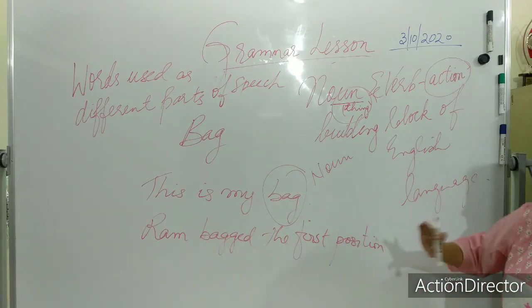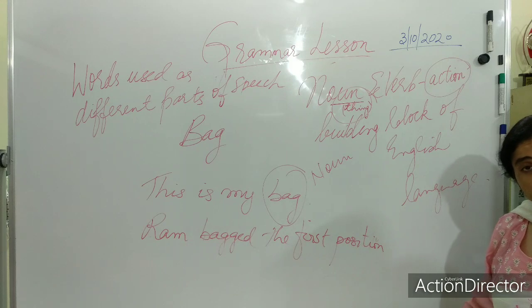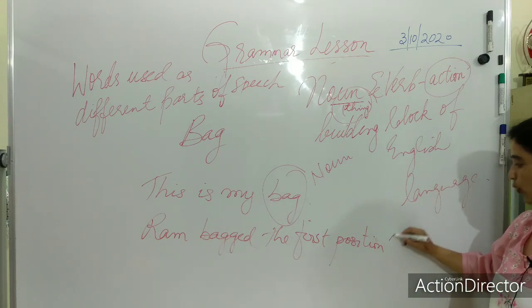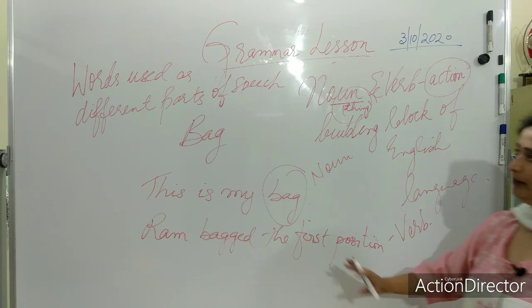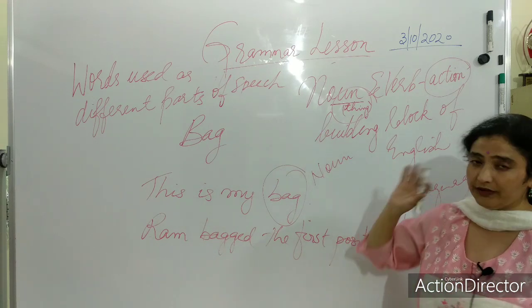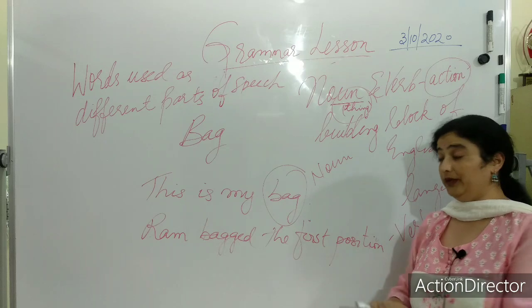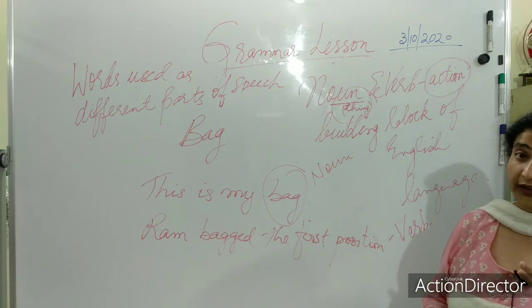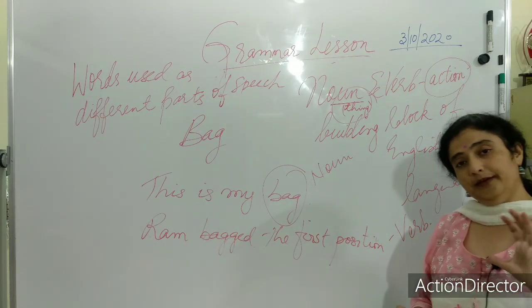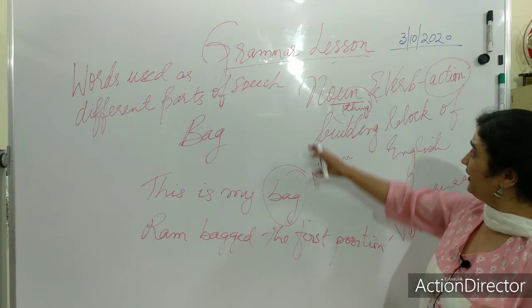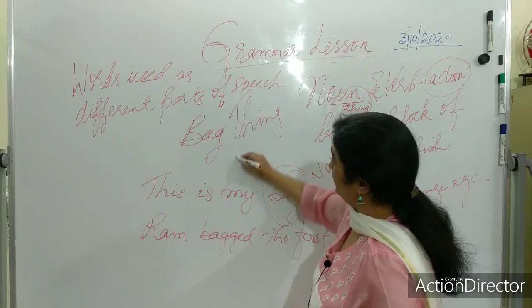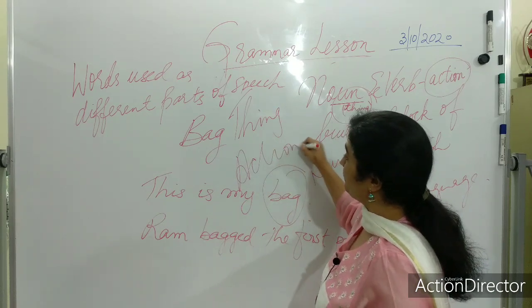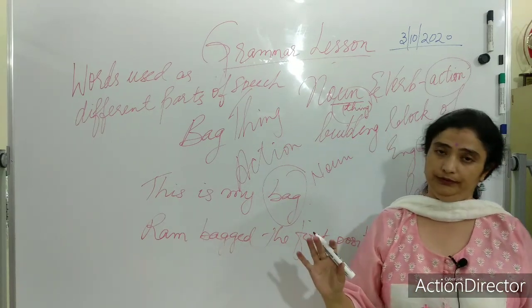Ram bagged the first position. This is a verb. इतनी सी बात का ध्यान रखना है आपको, इसमें कुछ कॉम्प्लिकेटेड नहीं है. Words used as different parts of speech, only noun and verb. If it were all 8 parts of speech, then I could have understood that there are chances of confusion, but here you just have to remember thing for noun and action for verb. That is all.